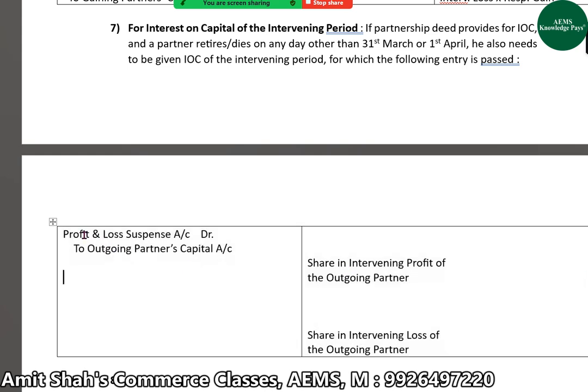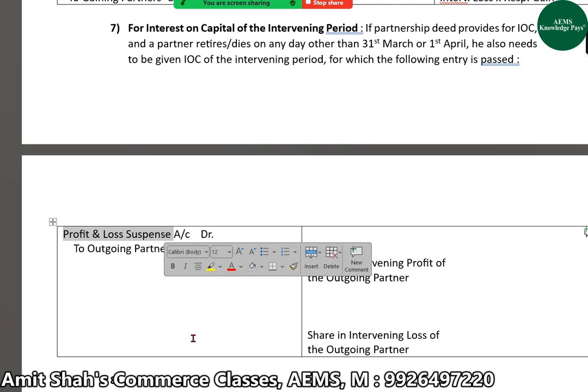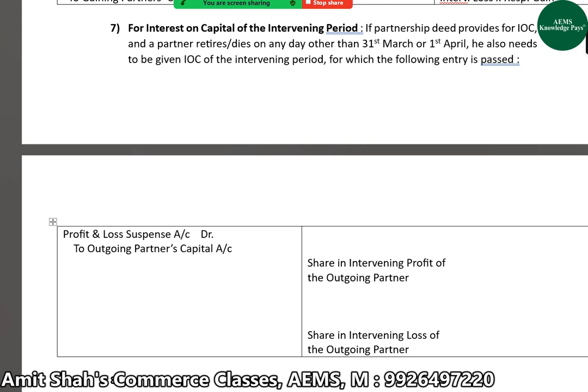We cannot debit P&L appropriation account that we usually do when we give IOC, because P&L appropriation account is opened only at year end, that is on 31st March. But these entries we are passing on the date of retirement or death.